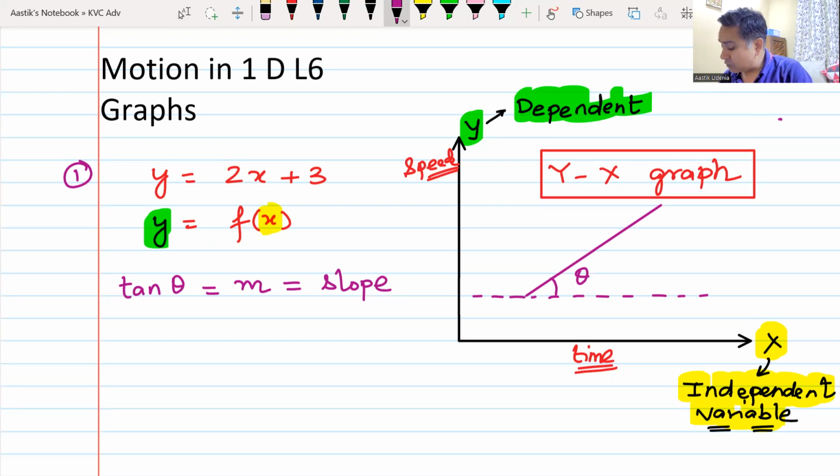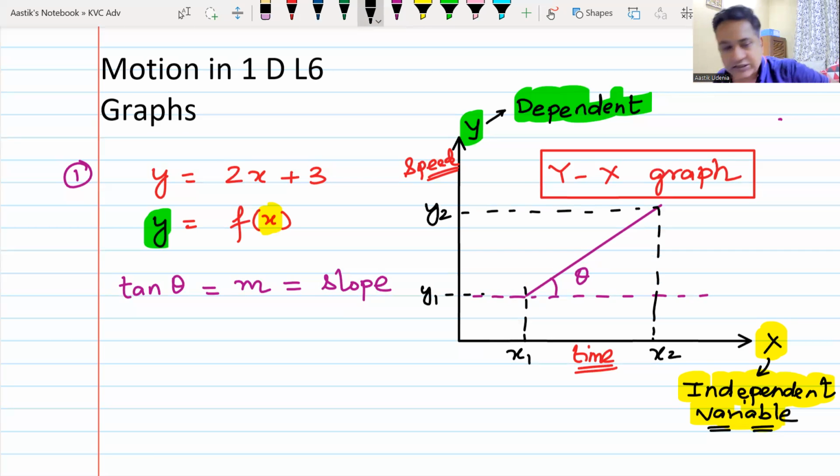And how do I find the slope of this graph? It is very simple. I find this coordinate, let me call this x1. I find this coordinate, let me call this x2. I find this coordinate, let me call this y1. I find this coordinate, let me call this y2. Can anyone tell me how I get the value of tan theta, which is the slope of the graph? I've given you all the values here. How will I find it?